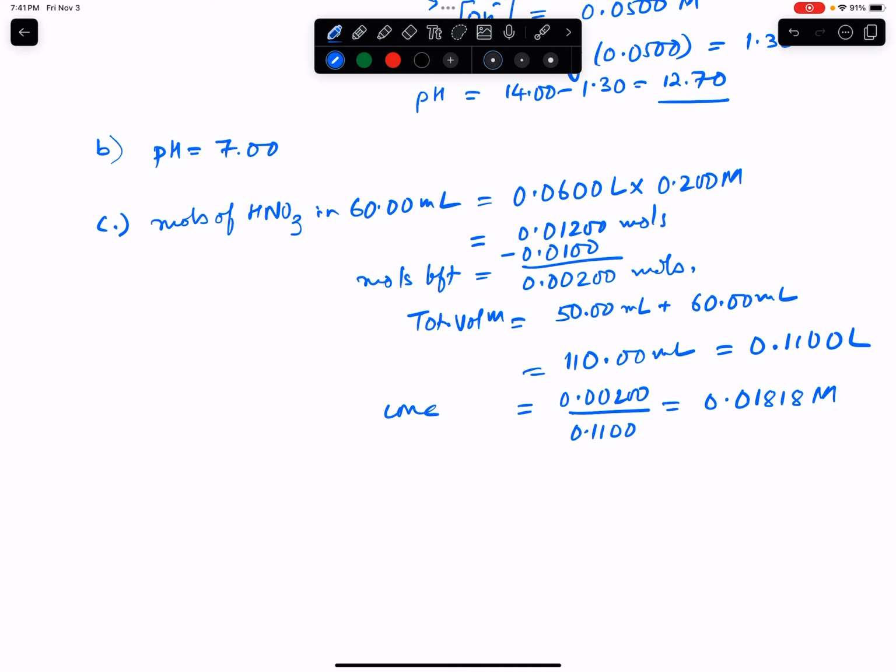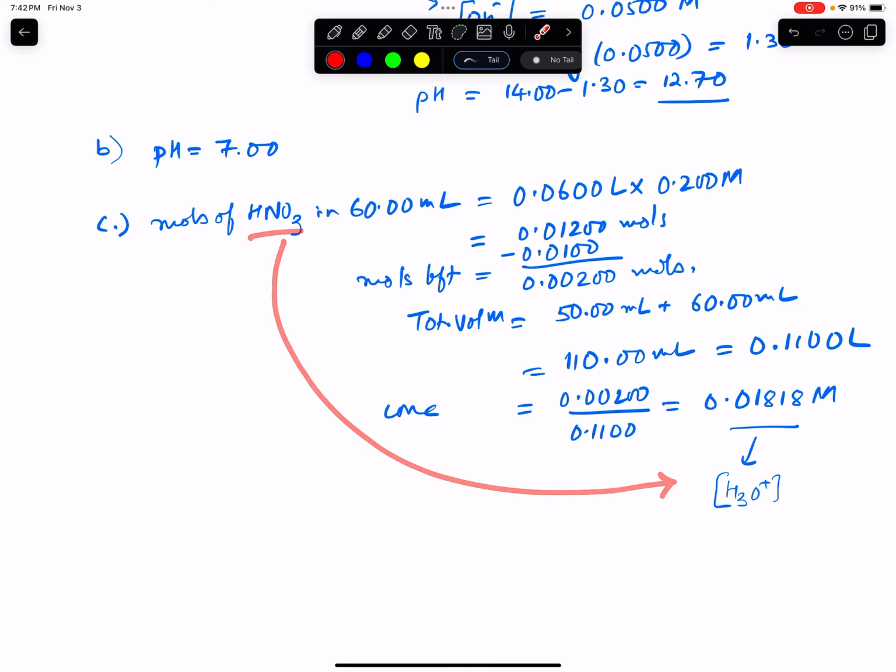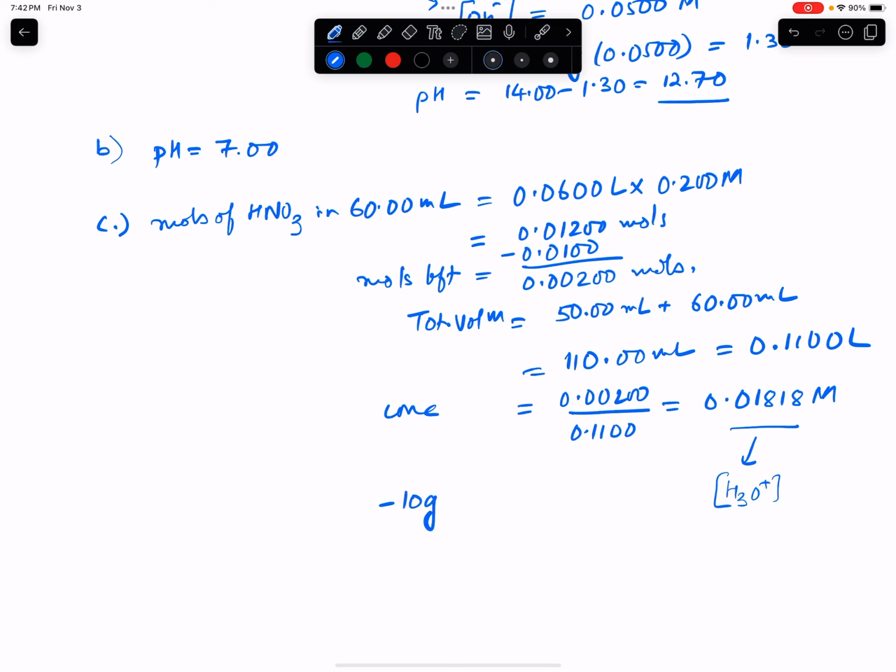Since HNO3 is a strong acid, all of it produces the H3O plus ions in solution, so this directly is the H3O plus ion concentration. Therefore, the pH is simply the negative log of 0.01818, which is equal to 1.74. And that is the pH.